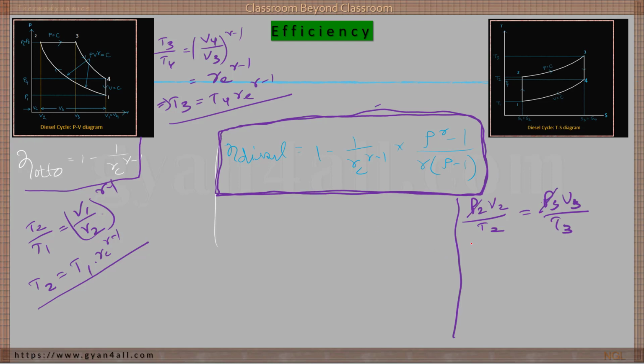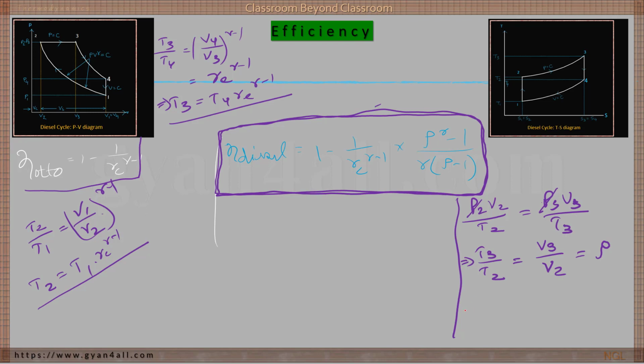Okay, so from this we get T3 divided by T2 is equal to V3 divided by V2. Now what is V3 divided by V2? Sir, it is the cut off ratio. Cut off, very good. We call this cut off ratio rho.